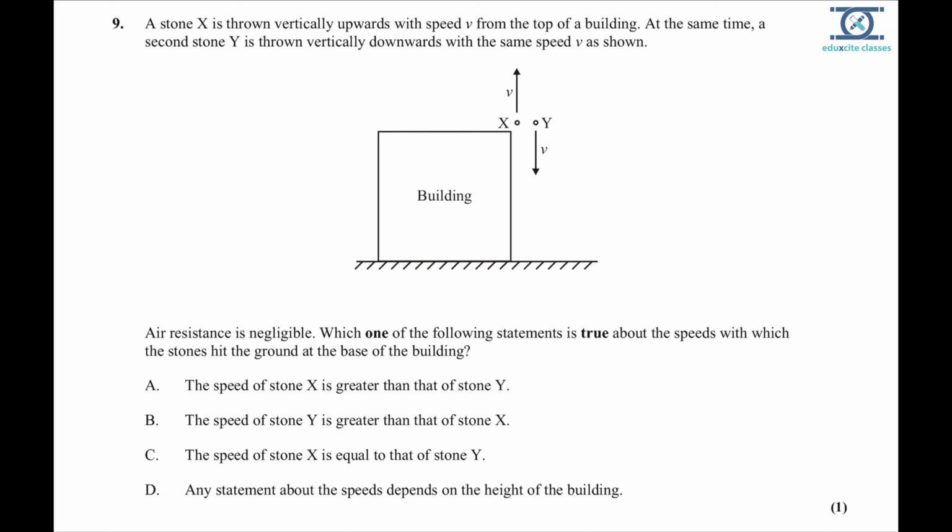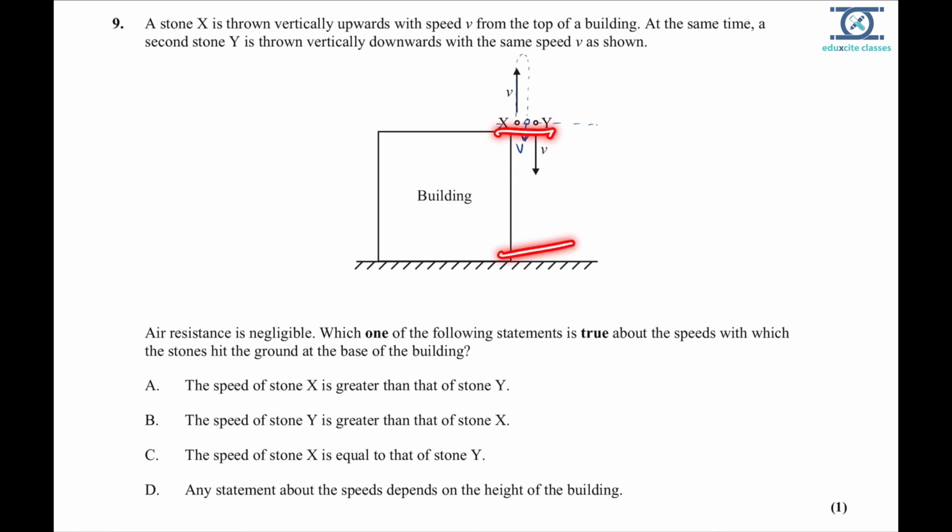If X is moving vertically upward, it will go up and come back to the same level. If air resistance is negligible, it will have the same speed v in the downward direction. So it doesn't matter whether X is moving upward or Y is moving downward. At the same level, one thrown vertically upward and one thrown vertically downward will have the same speed when X comes back.